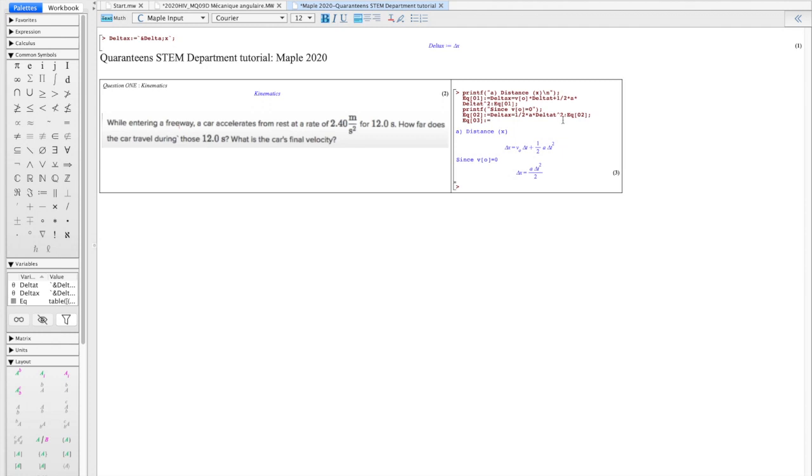Okay, so for the third equation, I just went in and put the EQ03, and we have the equation that we need to find our distance. So we are just going to substitute our values.